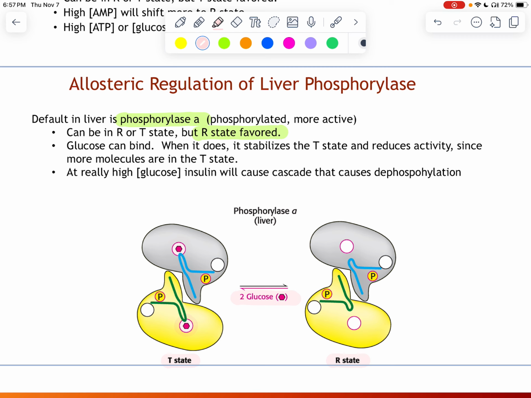So high glucose makes sense. We don't need to make as much glucose. We don't need to break down that glycogen. If you have really high levels of glucose, we'll get insulin. And that insulin will cause a cascade that will cause this to be dephosphorylated. So we'll move into the phosphorylase B, which is even less active, so that we can really slow things down when we need to.